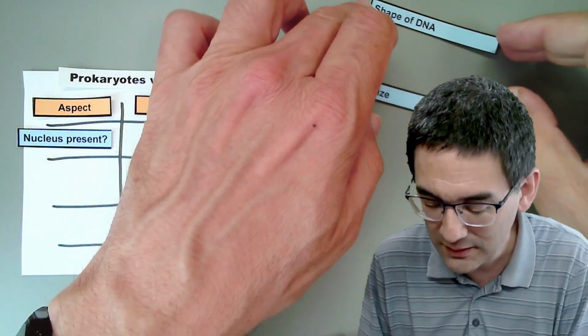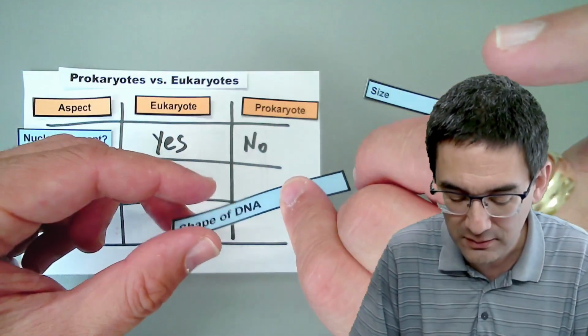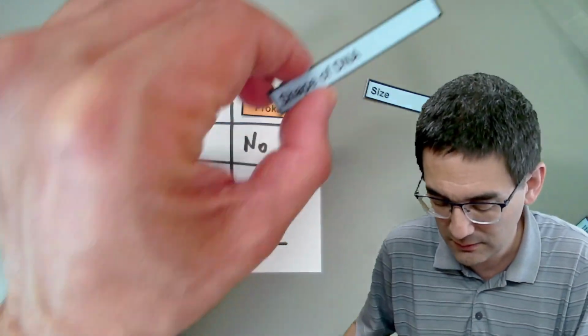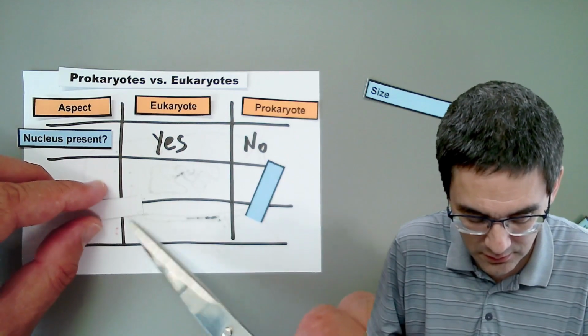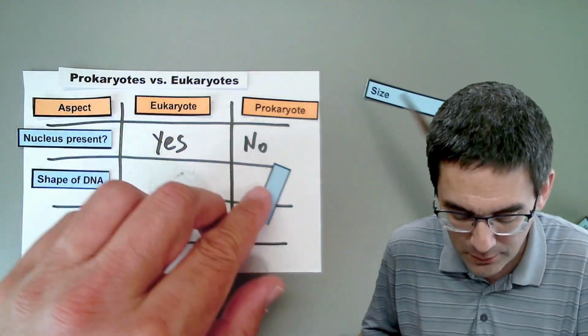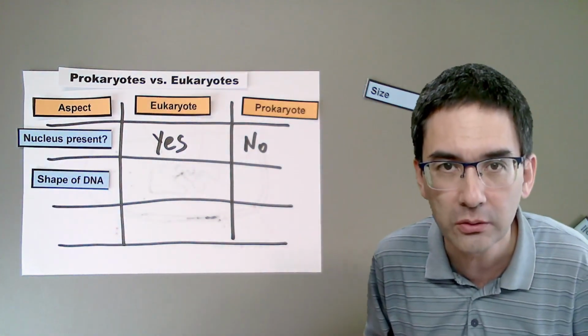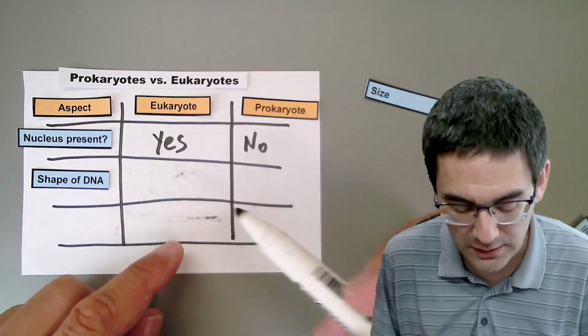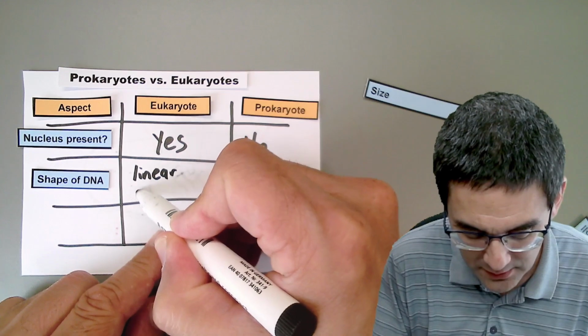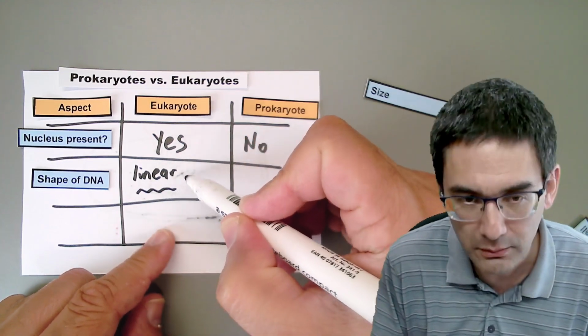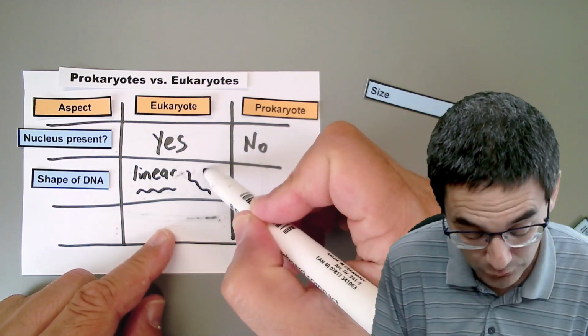The second thing is that the shape of the DNA, that's another important difference. Okay, let's put it in here. How does the shape of the DNA in eukaryotes look like? It is linear, okay? Linear. So basically you have several linear pieces, several actually.